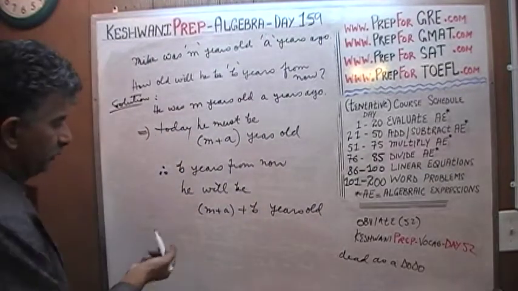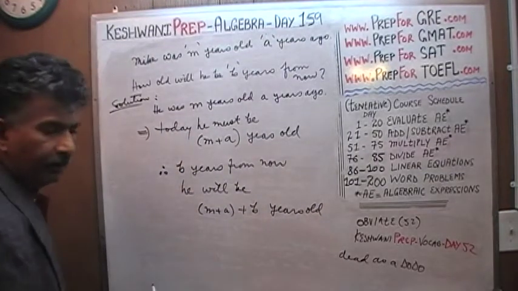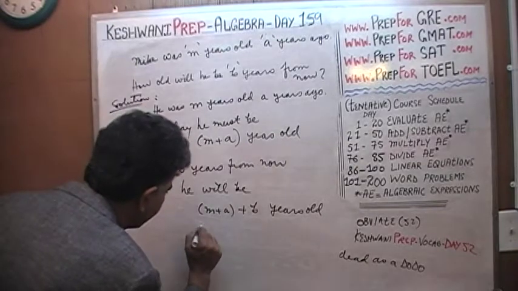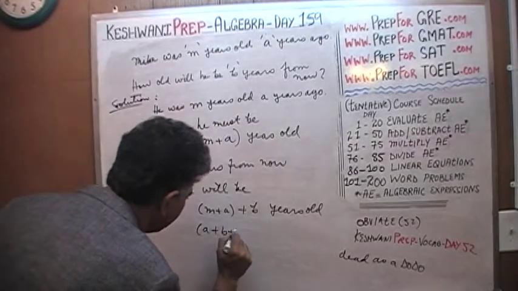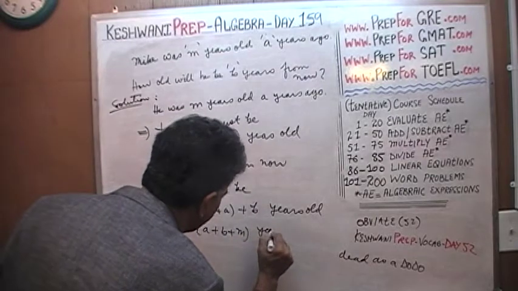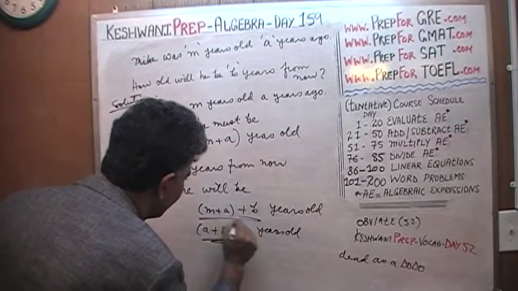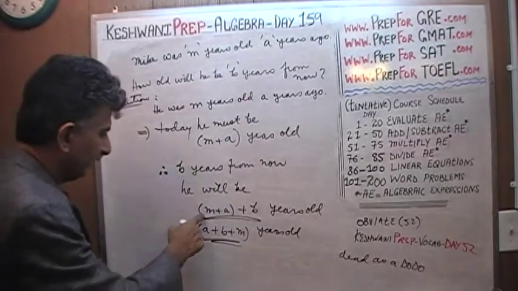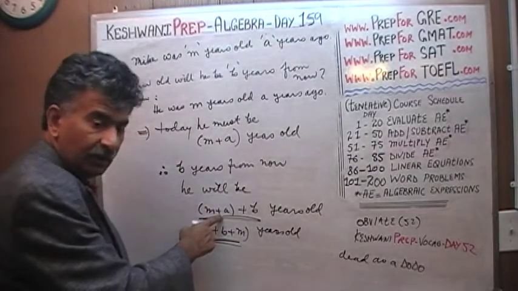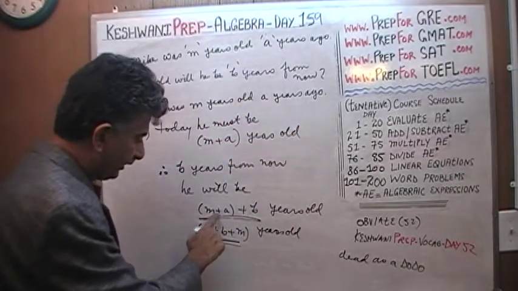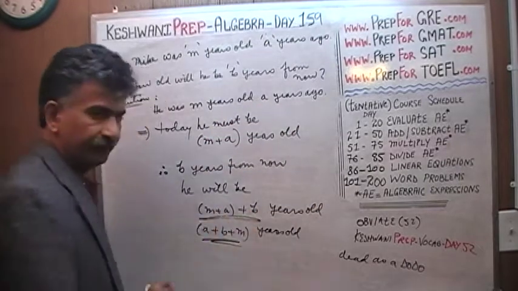And of course, you will not leave it like this. It will look better in the language of algebra. It will look better if we were to write this as A plus B plus M years old. Both of these answers are correct, obviously. M plus A is his age today, and this is the B number of years in the future. Therefore, his age then is M plus A plus B.